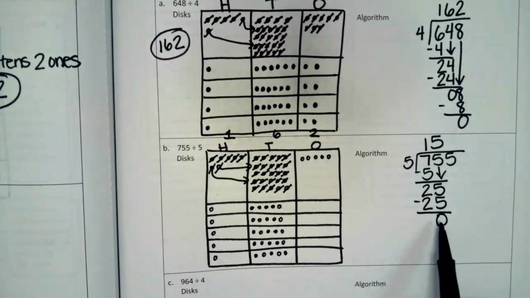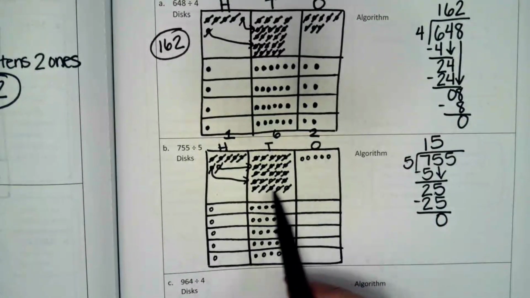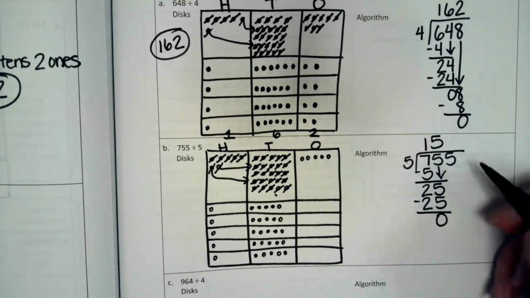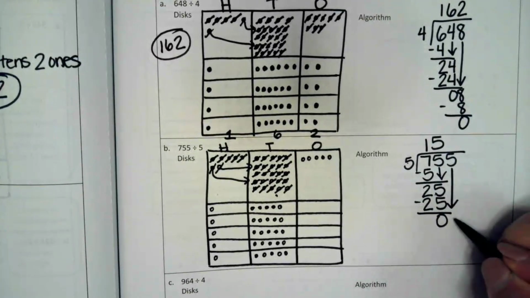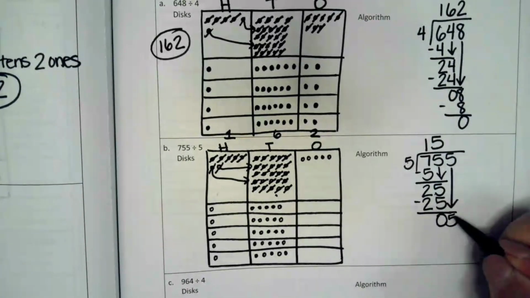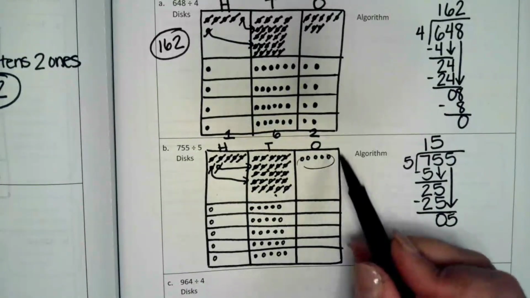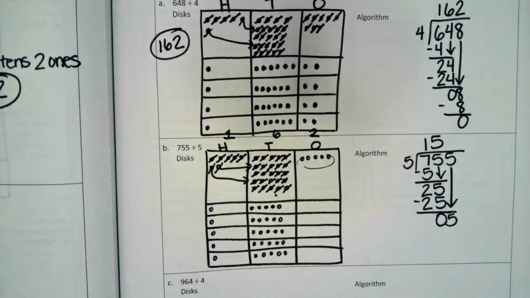There's 0 tens left. And look, when we distributed, we had 0 tens left. Now we need to bring down the 5 ones. So now we have 5 ones.